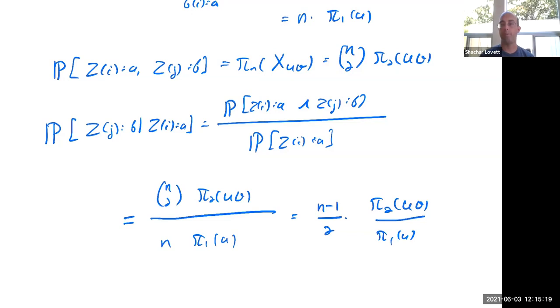So this is our matrix. This is what we care about. This is going to be the matrix phi at ia, jb.